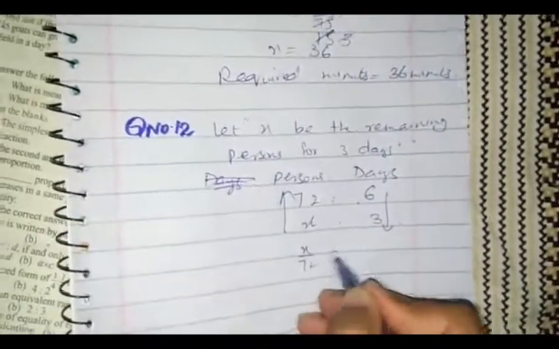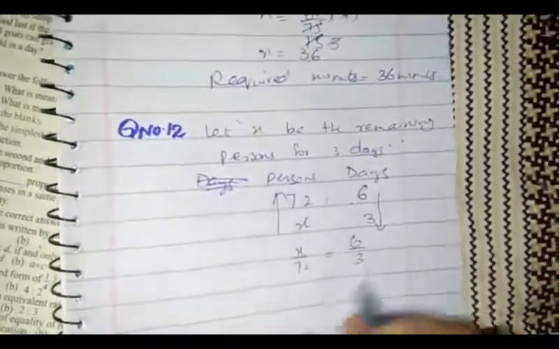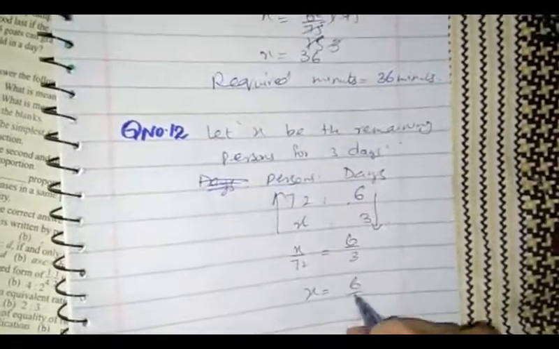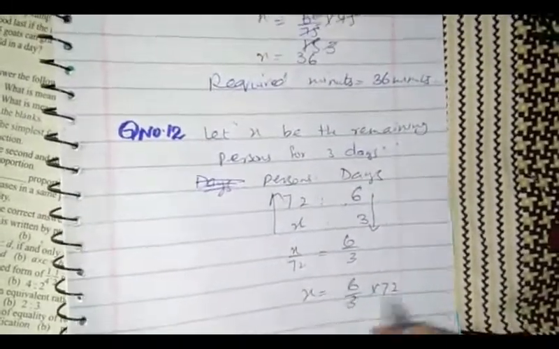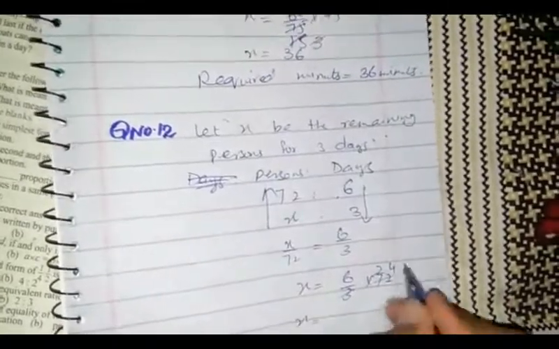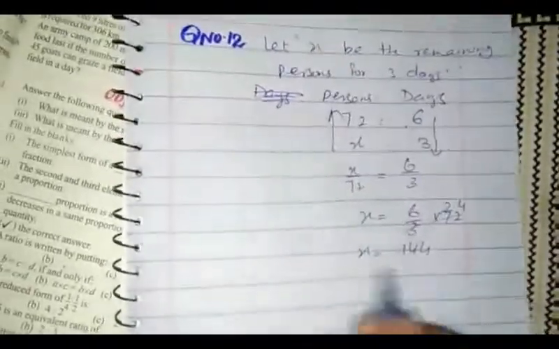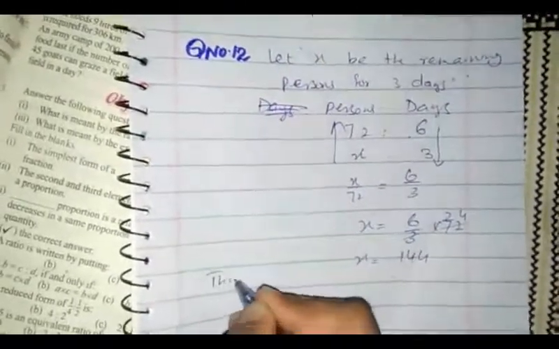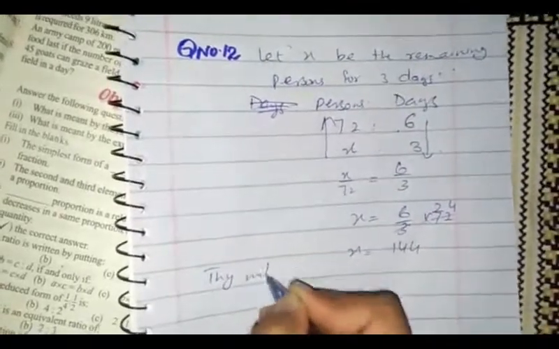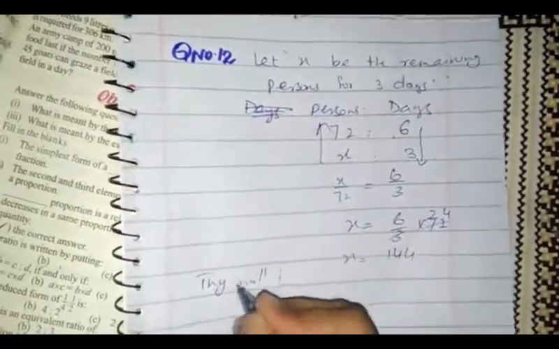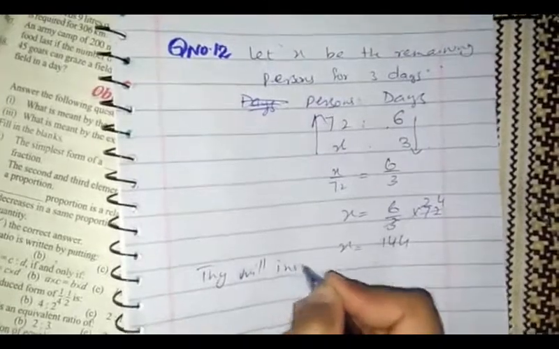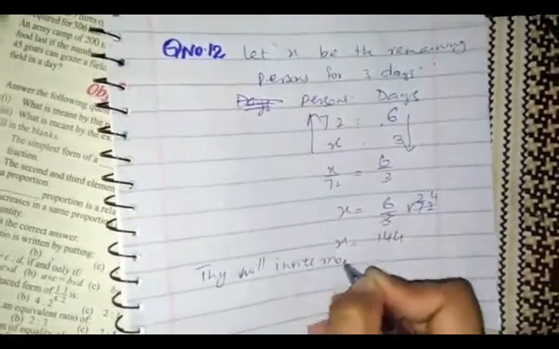If the days decrease, then the persons will increase. X over 72 is equal to 6 over 3, and X is equal to 6 over 3 multiply 72. 3 2s are 6, 3 4s are 12, and 24 multiply 6 becomes 144. So this is the total persons. They will invite more persons.